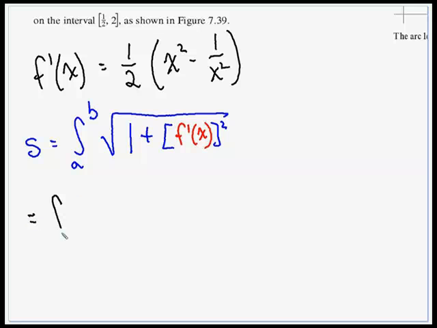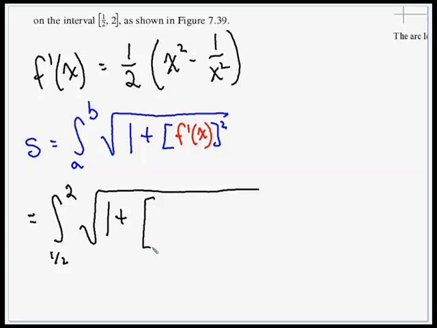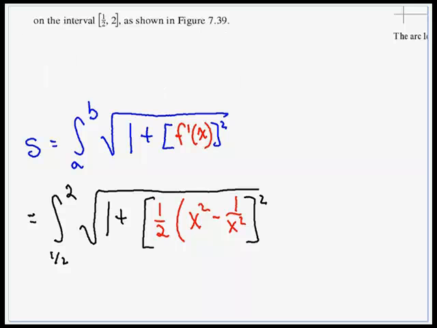Lower and upper limits, a and b, for us is 1/2 to 2. And then we have our radical, and 1 plus a quantity squared. And our quantity squared is 1/2 times the quantity x squared minus 1 over x squared.